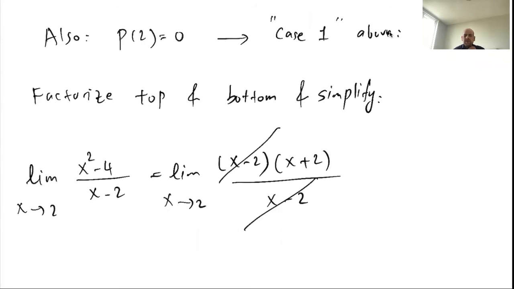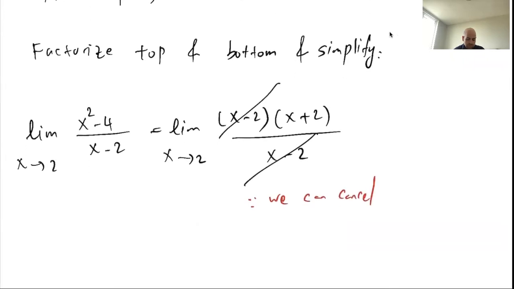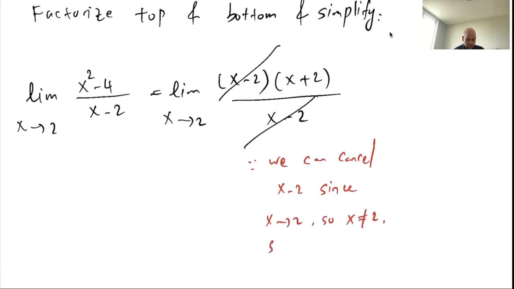Why are we allowed to cancel the x minus 2 factor from top and bottom? We can cancel x minus 2 since x approaches 2, so x is not equal to 2, so x minus 2 is not equal to 0.